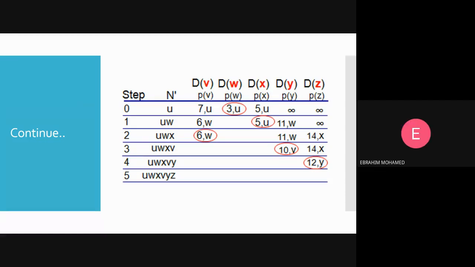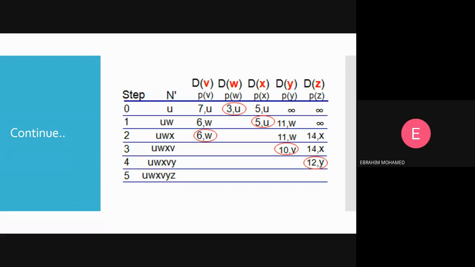Ma'am, if we cannot reach Z, is that correct or not? If there is no direct link between those two nodes, then you have to write infinity.